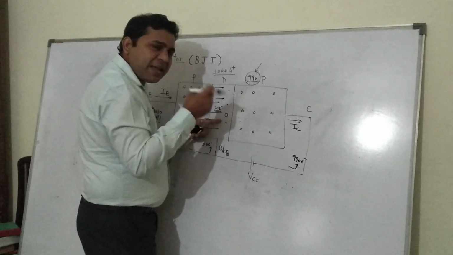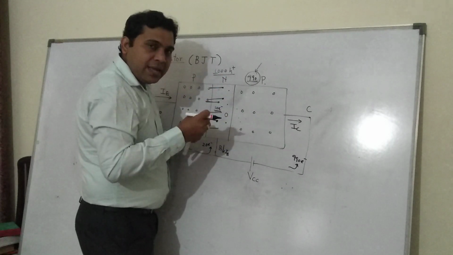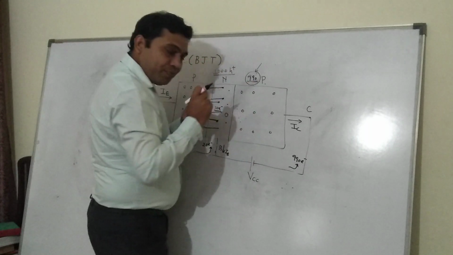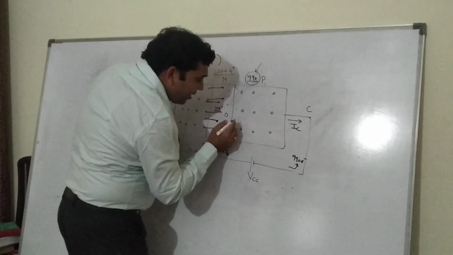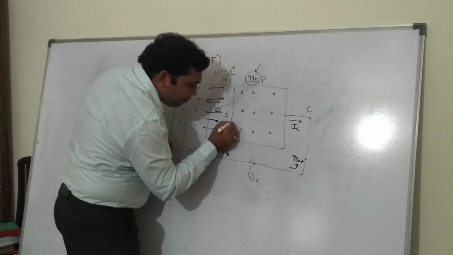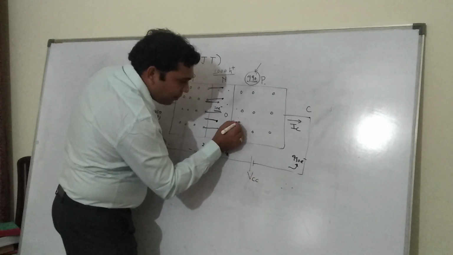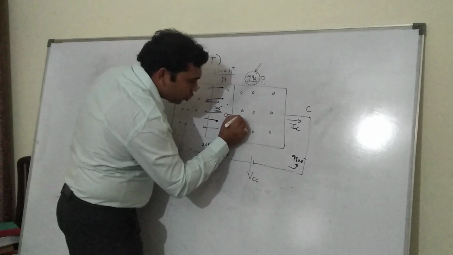Some minority charge carriers are always present in a semiconductor. So some minority charge carrier electrons are already present here. Let's say 5 of them, because of the reverse bias field, 5 of them come like this, and 5 holes go like this.